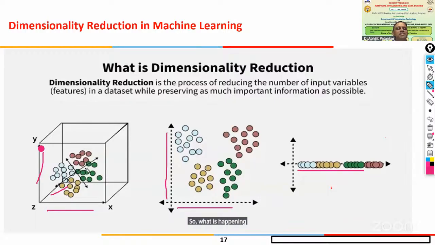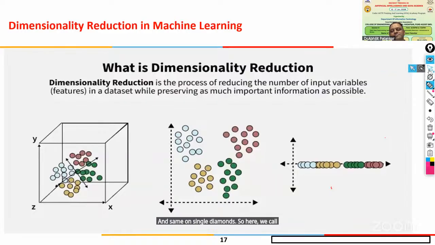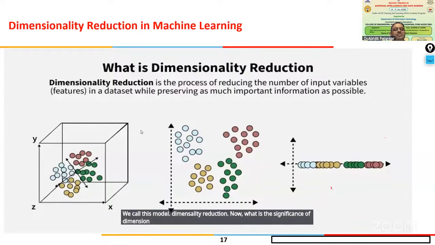The same data set is represented in 3 different dimensions; we have tried to map the same data set in the 2 dimensions X and Y, and the same on a single dimension. So here we call this model dimensionality reduction. Now, what is the significance of dimensionality reduction in machine learning?